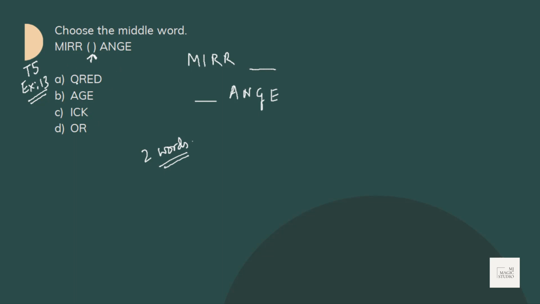So if I put OR, it will be mirror, and if I put OR, it will be orange. Mirror and orange are two meaningful words. I'll mark D. Option D best fits in.